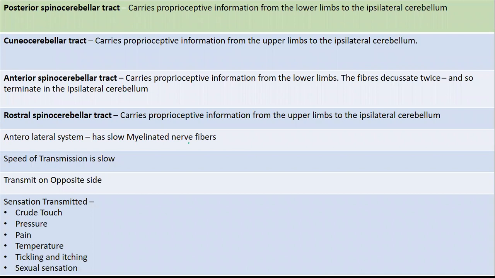And now here is the description, whatever I have explained to you so far, like the posterior spinocerebellar tract, then the cuneocerebellar tract, anterior spinocerebellar, then rostral spinocerebellar. The anterolateral system is slow and poorly myelinated. Why slow? Because the speed of transmission is slow.